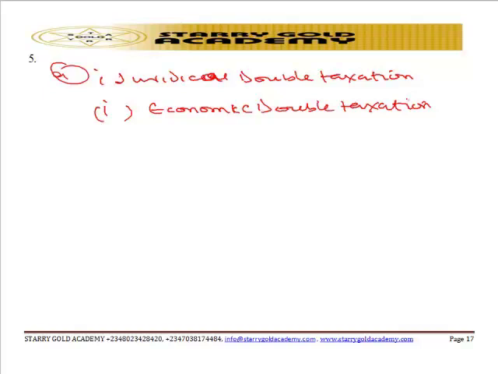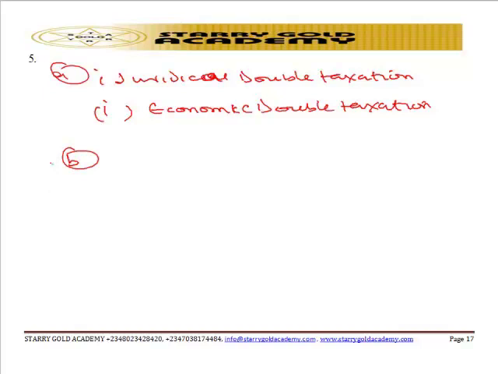When a company and the shareholders are regarded as separate taxpayers, each is required to pay its tax. The company pays tax on the profit and the shareholder pays tax again on the distribution from that profit. Are we there? That is economic double taxation. So 2 or B, let's go for B.